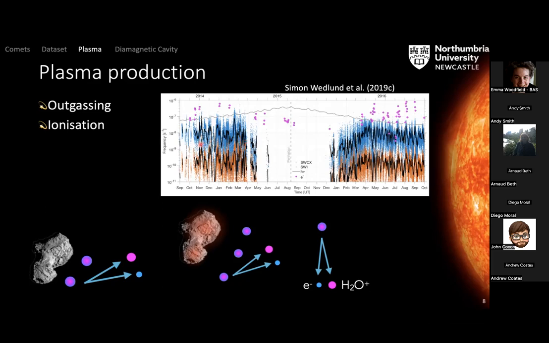So in this figure, you can see again the entire mission lifetime, and then you can see the different ionization channels. The gray line is the photoionization, and you can see that that very much dominates during the perihelion time.